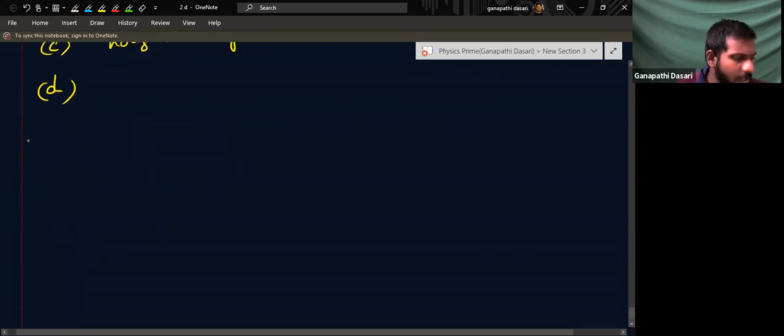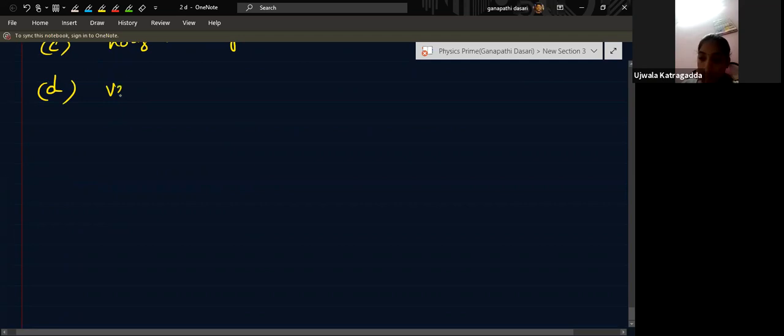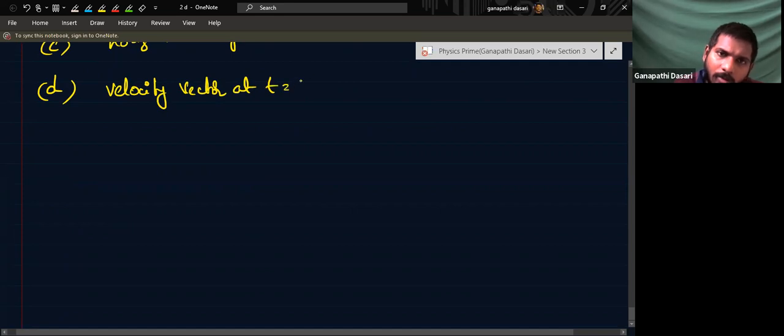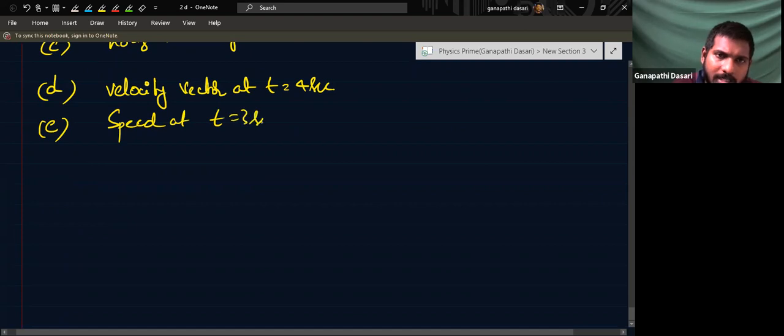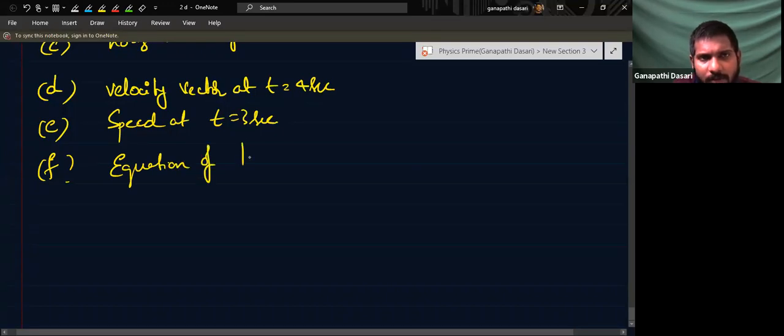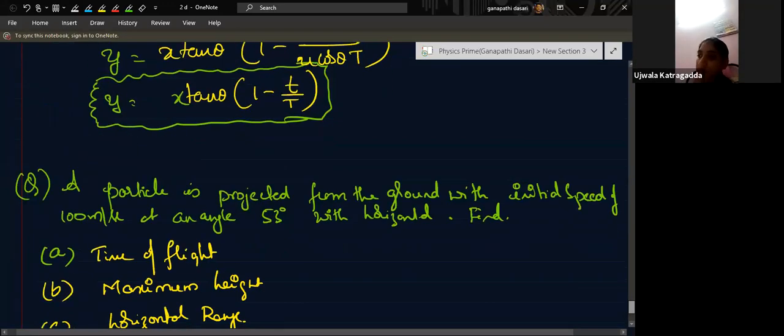Then velocity vector at t equal to 4 seconds. Then speed at t equal to 3 seconds. Then finally, equation of trajectory. You can solve this question for practice.